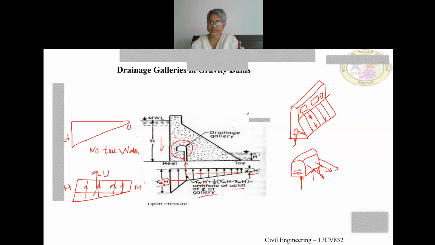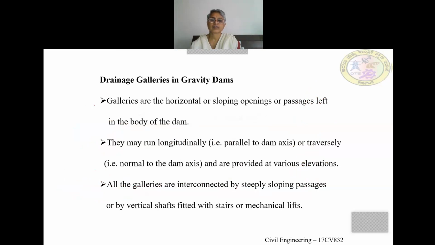So we'll go to the next slide. Drainage galleries in gravity dam. Galleries are horizontal or sloping openings or passages left in the body of the dam. I already showed you how it is provided.